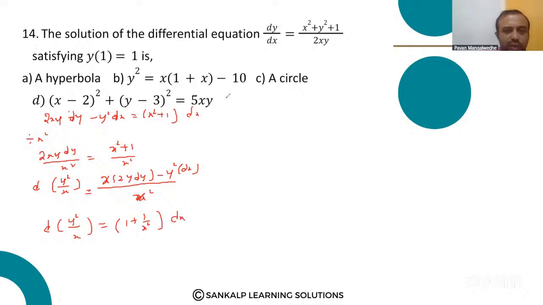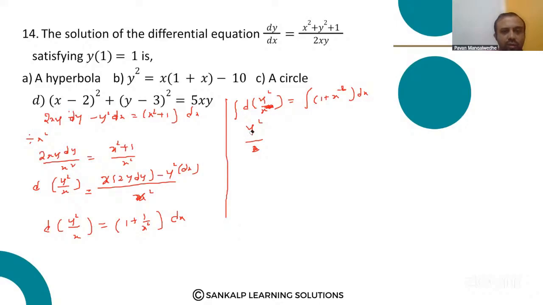So integrating this, d of y square by x, on the LHS it will be y square by x. On the RHS, integration of 1 plus x raised to minus 2 into dx.